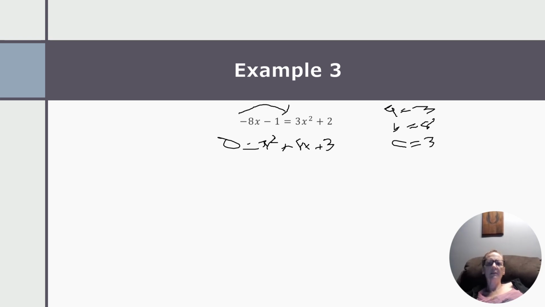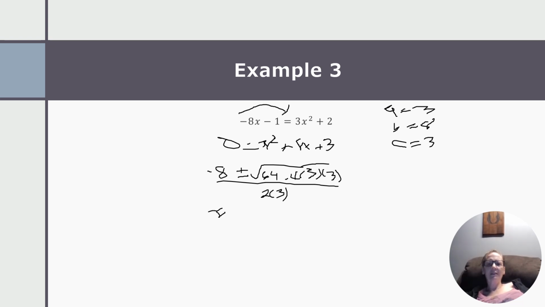So I have the opposite of b, which is negative 8, plus or minus square root b squared. 8 times 8 is 64, minus 4 times a times c, all over 2 times a. Just say it to yourself over and over again. You'll eventually remember it.